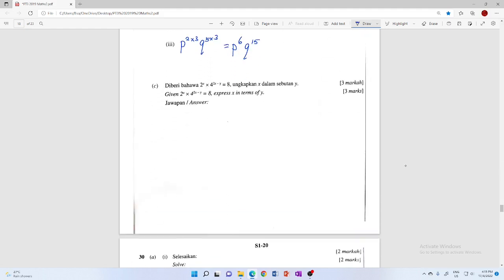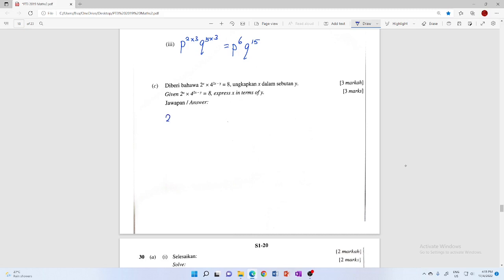Okay, for question C, we need to express x in terms of y. For index, we need to find the relationship between 2, 4, 8, so that we can eliminate the base and remain the index. You can see that 4 and 8, we can change the base into the base of 2.